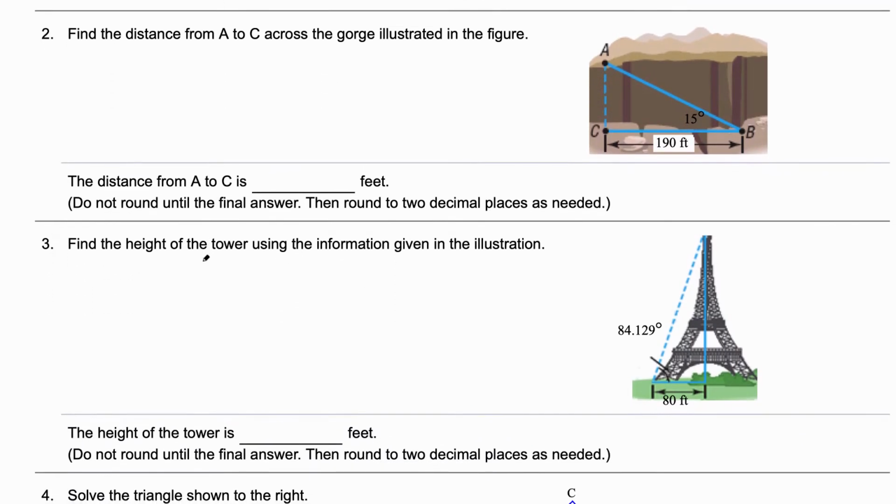Here is number 2. We got a figure here. It says, find the distance from A to C. So basically we have a right triangle. Let me write here A, C, and here is B. So this length is 190 feet.